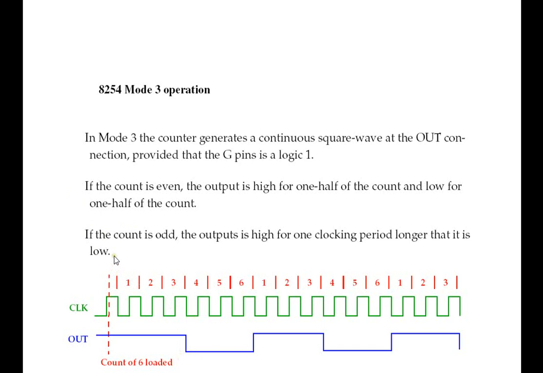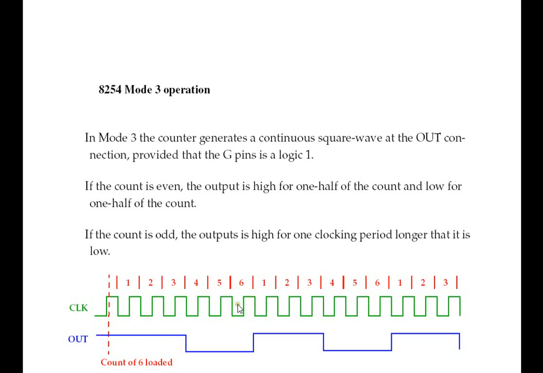And if the number is odd, like 5, we first divide it: one part will be 2 and one part will be 3. So the 2 could be the lower or upper part, and 3 is the other part, which can be lower or upper. In this diagram we can clearly see the clock pulses moving from 1 to 6.